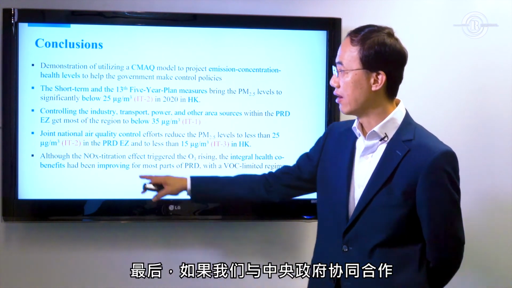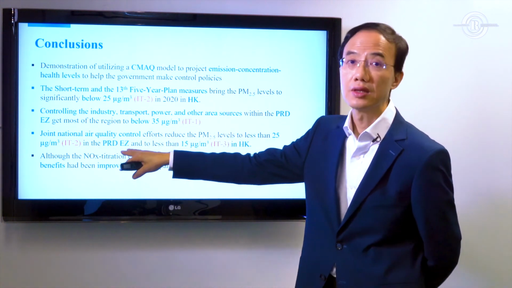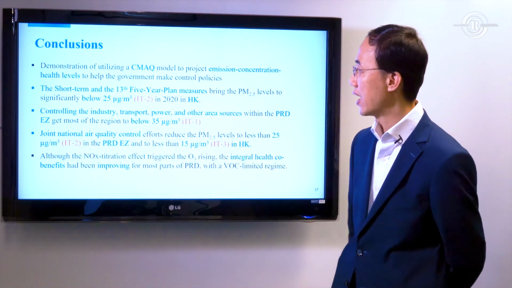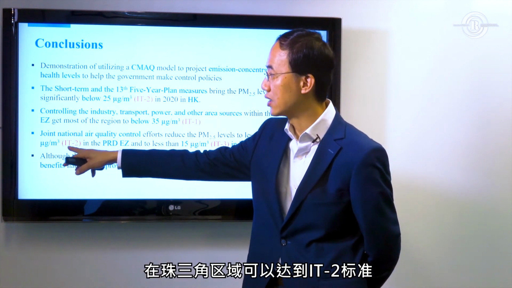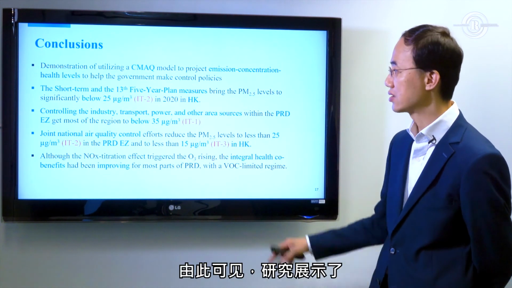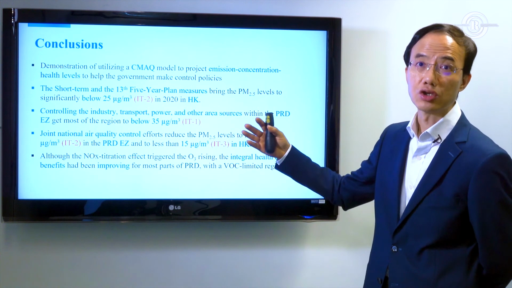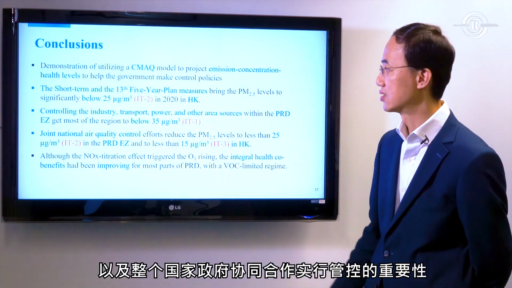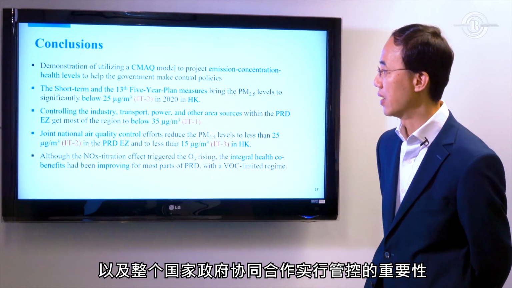And finally, if we work with the national government, I demonstrated the PM2.5 for the PRD can reach the IT2 standard, and Hong Kong can reach the IT3 standard. That demonstrates the importance of working not only with the local government but also the national government.